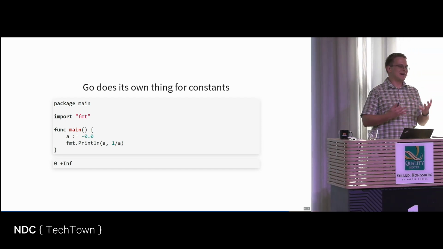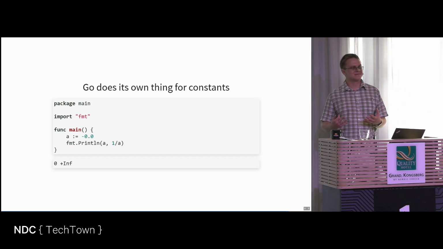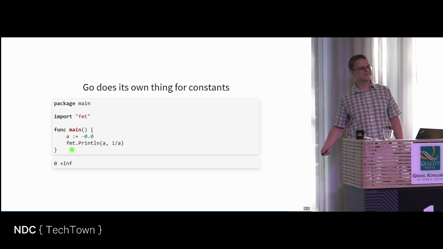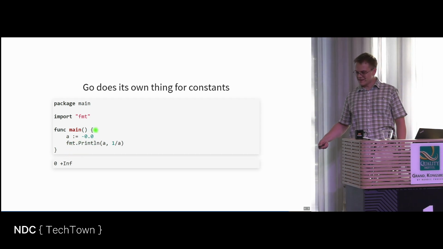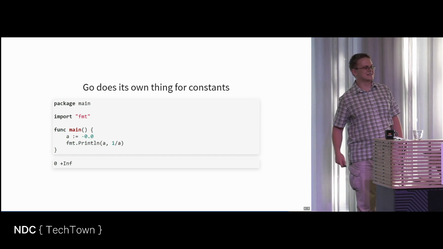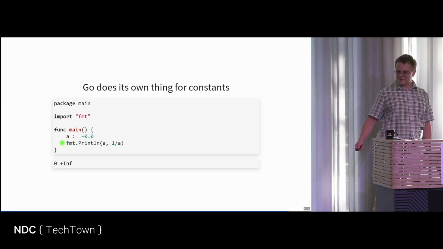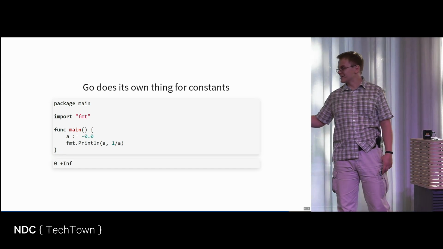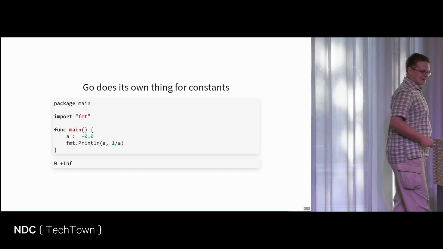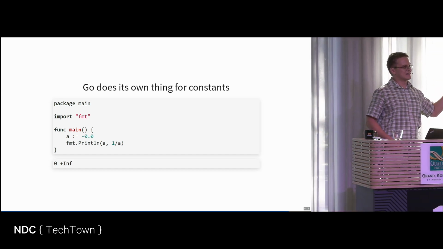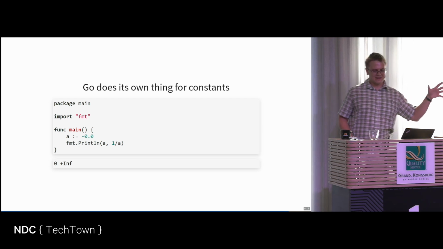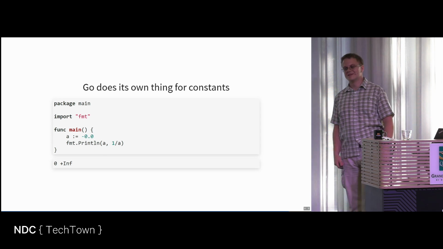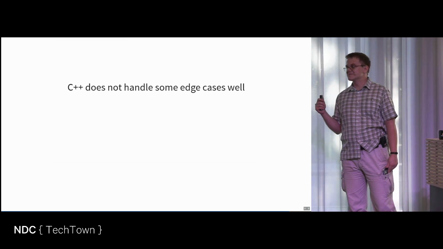In math, negative 0 doesn't make sense. So the Go compiler goes, okay, this is constant, so compile time math. Negative 0 at compile time doesn't make sense. This is now 0. And so it happily stores positive 0 into your a and breaks everything. But interestingly, Go does guarantee that floats use the IEEE standard at runtime, not at compile time. So let's go to C++.